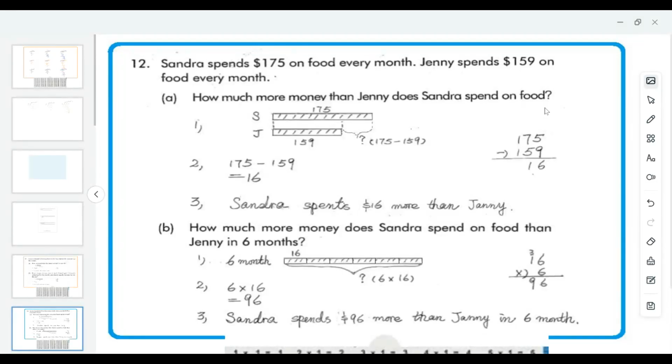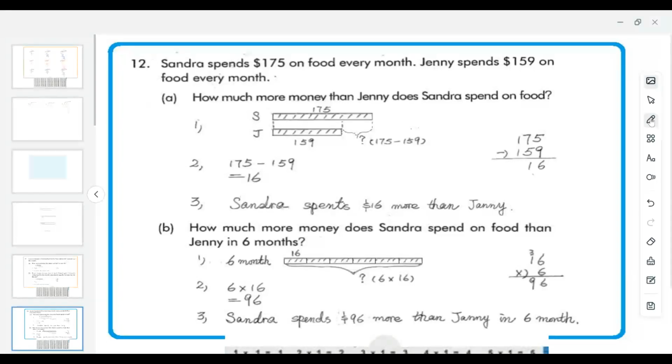Which they ask how much more Sandra spends than Jenny, okay? Then I draw a diagram first. Sandra, 175. Jenny, 159. We already see that Sandra is more than Jenny. How much more?